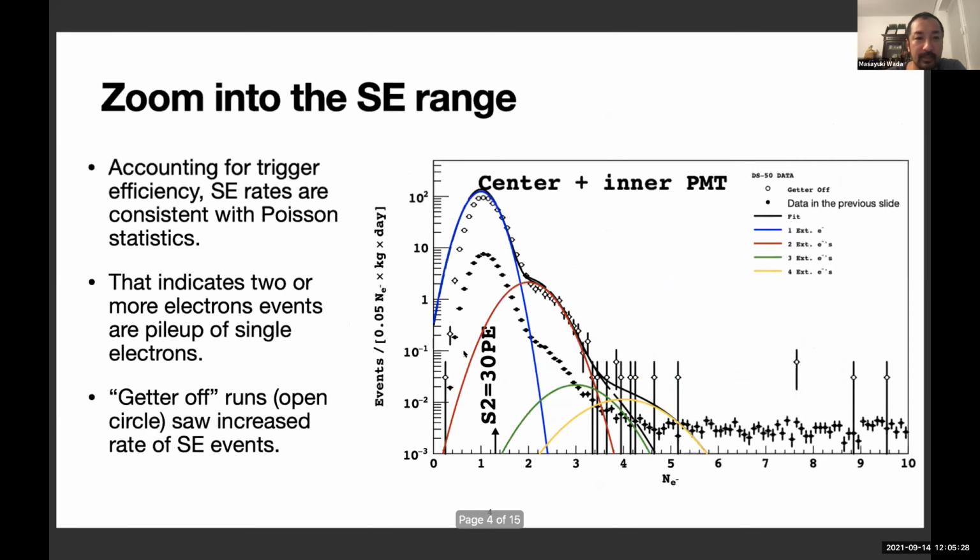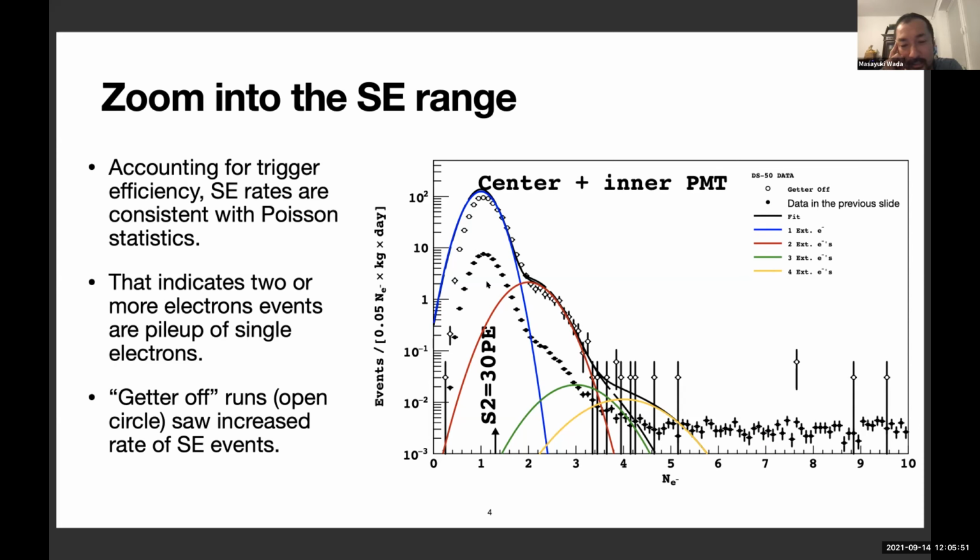Okay, so this is a zoomed-in figure of the single electron part. The x-axis is the same and the y-axis is the same. The black one is the same data as the previous one, and you see this one bump, and the two and three electron bumps.